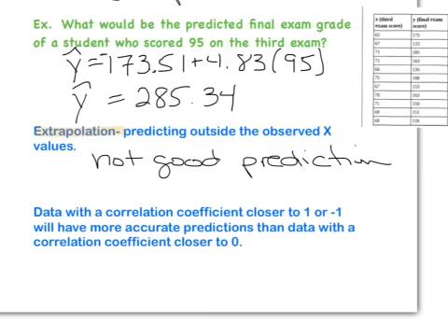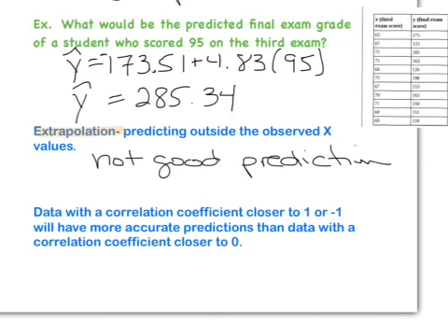It looks like my highest score on the third exam, if you look over here, was a 75. So scoring a 95 was probably not possible on that particular exam. You're trying to predict something outside of those values, and sometimes you'll get a reasonable answer, but it's still not a good prediction.